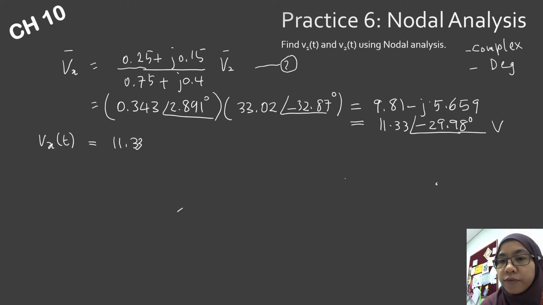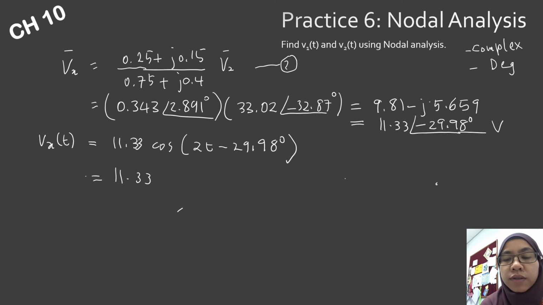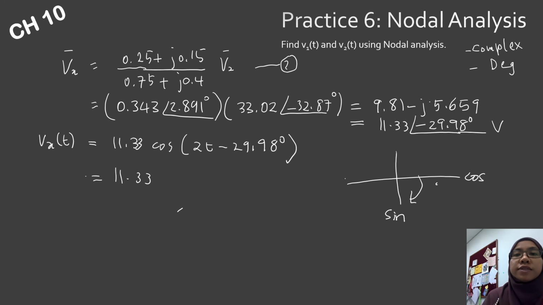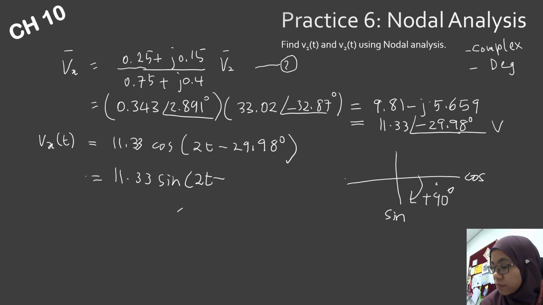So 11.33 cosine of 2t minus 29.98 degrees. From cosine we want to change to sine because the question is in sine, so you need to add 90 degrees here. So this is 11.33 sine of 2t plus 60 degrees.